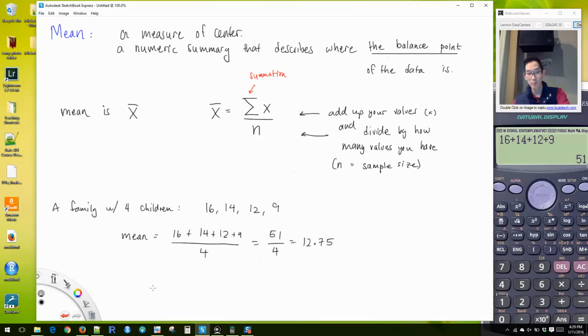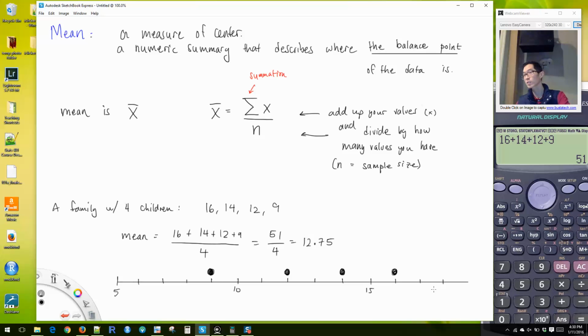Now, this idea of a balance point is I could draw a number line, okay? And let's see. So let me just say 5, 6, 7, 8, 9, 10, 11, 12, 13, 14, 15, 16, 17, 18. Okay. And I'm going to draw dots where our children are. So we have a dot at 9, a dot at 12, a dot at 14, and a dot at 16, okay?